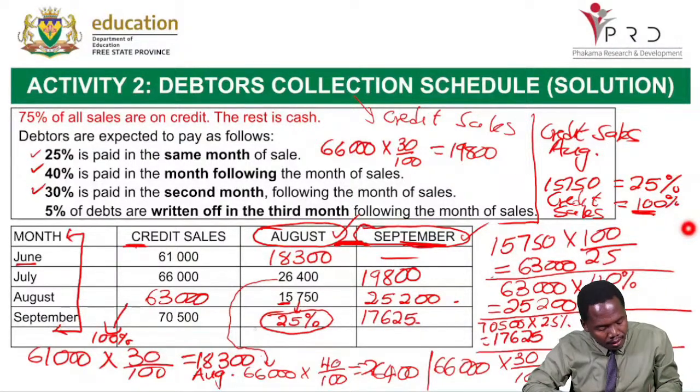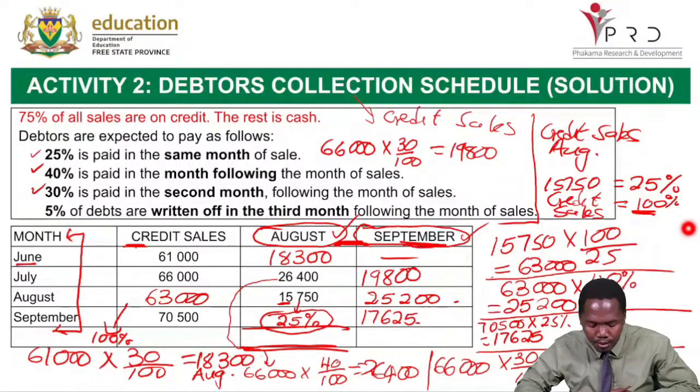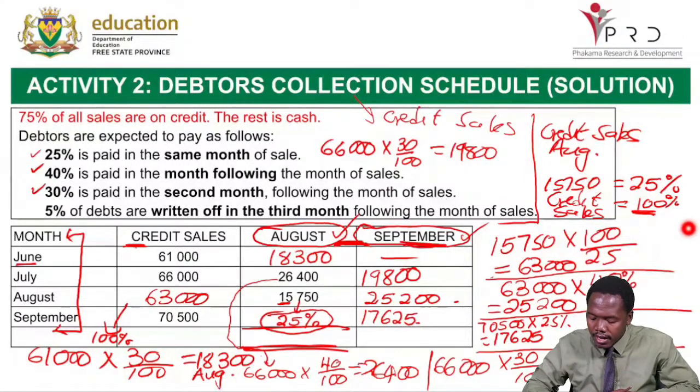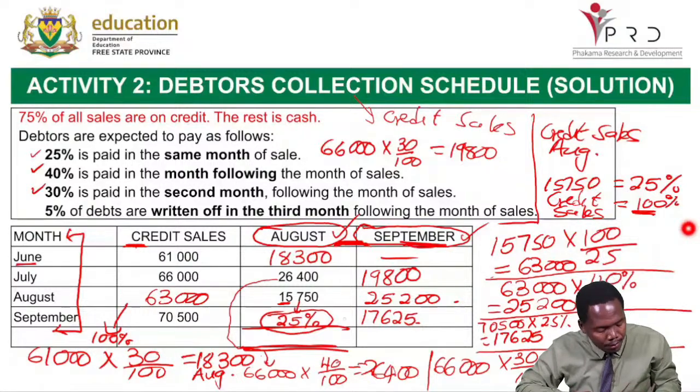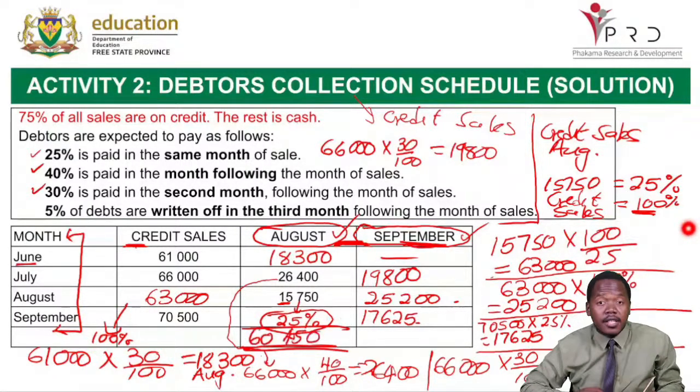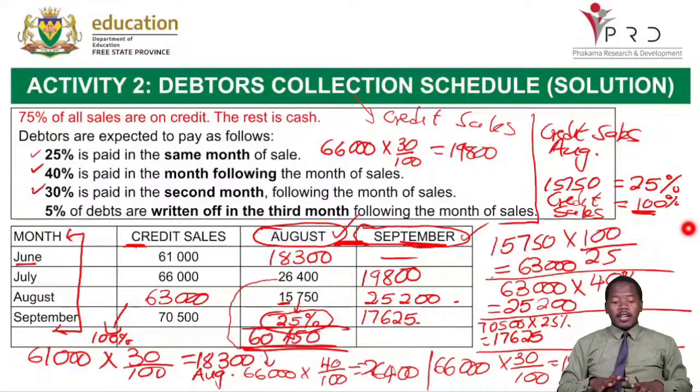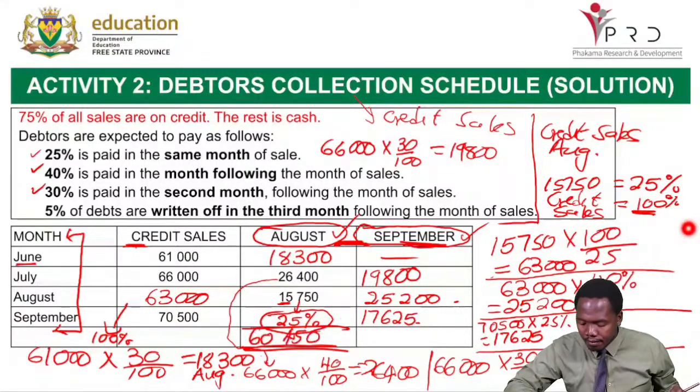Now, let us do our totals. For August, it will be 18,300 plus 26,400 plus 15,750. Then we get 60,450. Grade 12, don't worry, I'll show the full solution after this.